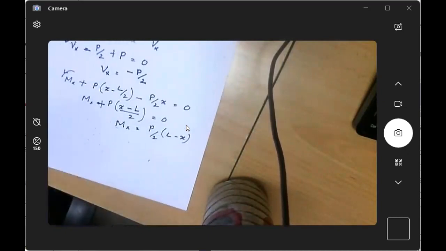Now we have the variation from point A to point D as well as point D to point B. Since the shear force and the bending moment vary with the length, we give them as two diagrams, the shear force diagram and the bending moment diagram, and we show the variation throughout the beam.